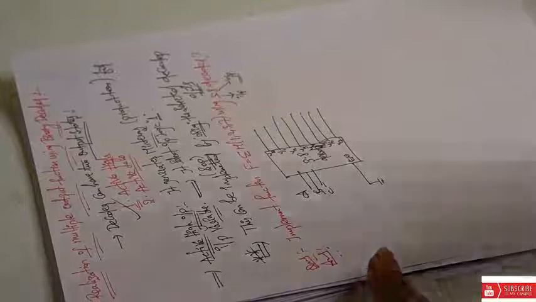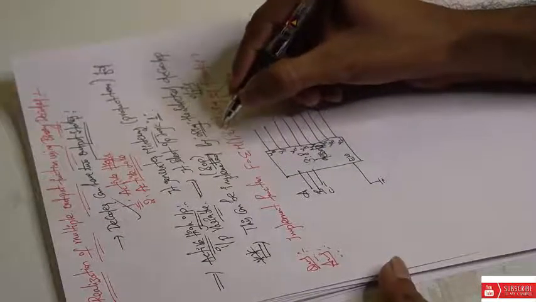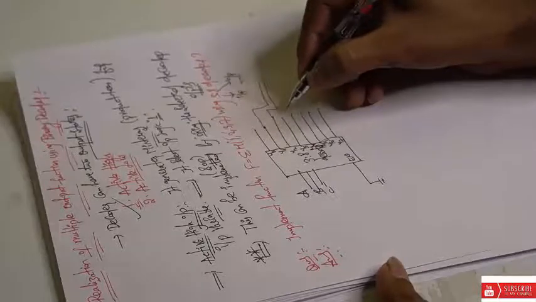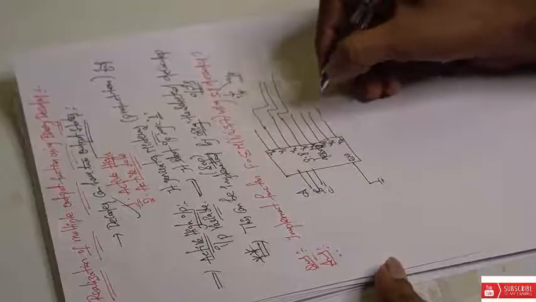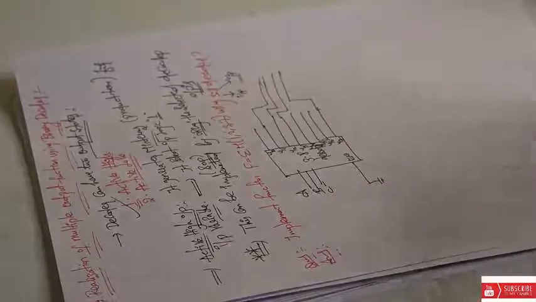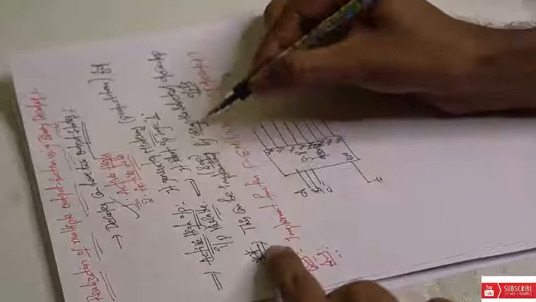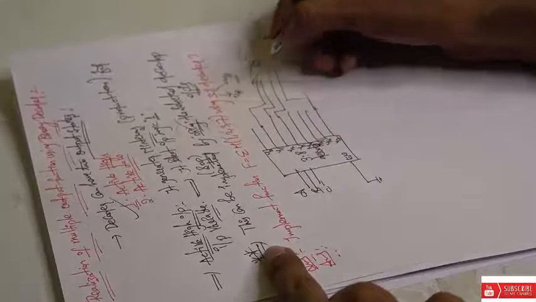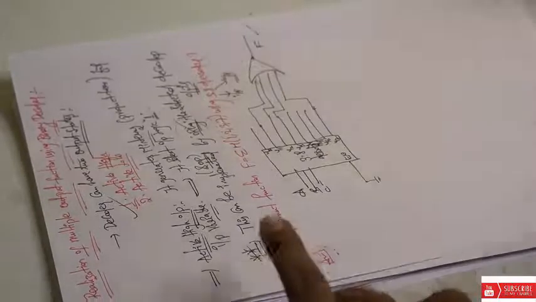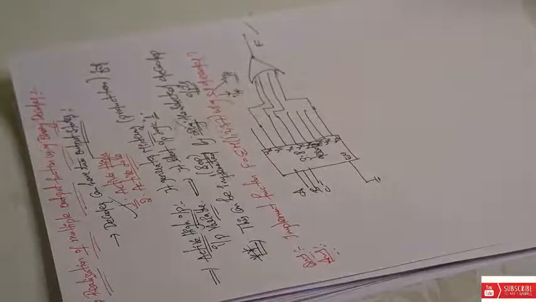Here you can observe 1, 2, 3 and 7. This can be implemented by ORing. ORing means an OR gate. If you put the OR gate you will get the function F. These questions will be so simple only.